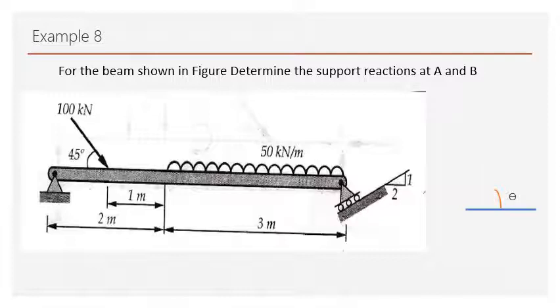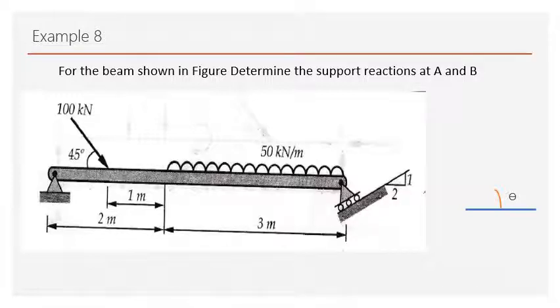That's what I was saying. Roller support offers the reaction, not just the vertical reaction. The reaction would be perpendicular to the line of contact. So here the roller support is resting on an inclined plane of the slope given as 1 by 2.